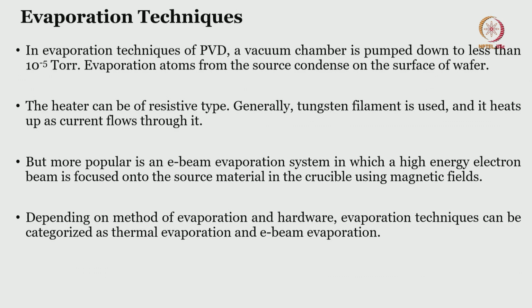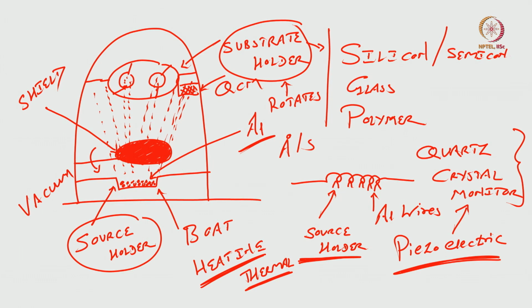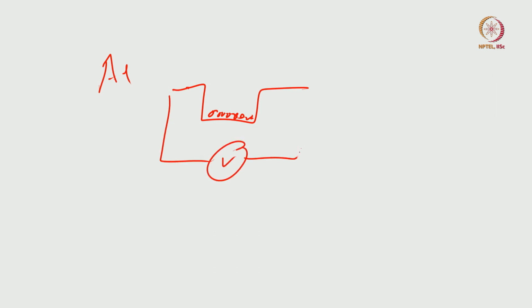Now tell me one thing: suppose I have aluminum, and I have a boat and I load the beads and I give a voltage and there is a current flowing, because this is a resistor. So, what will happen is that this boat will heat up and the material starts evaporating, that much we have understood.